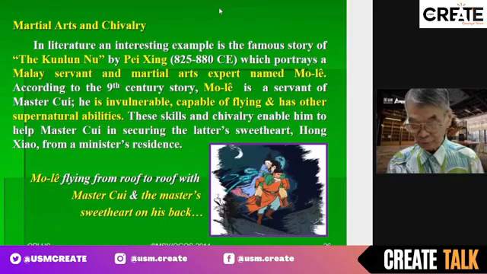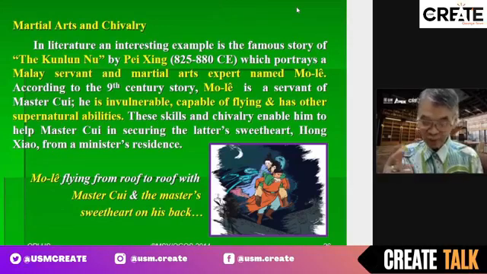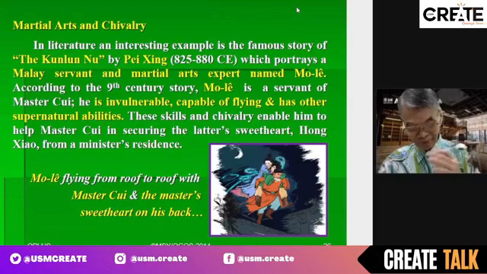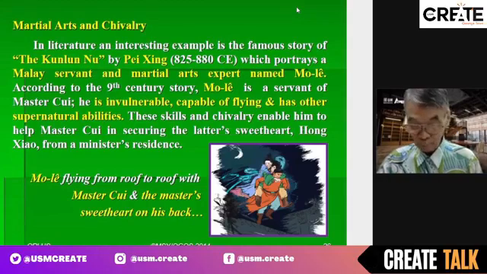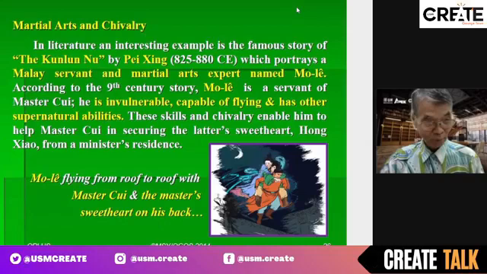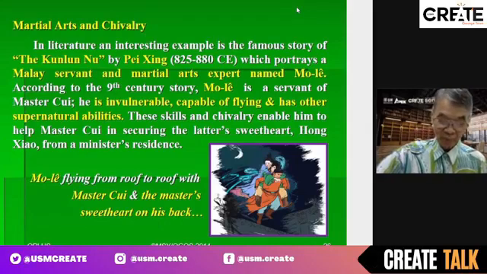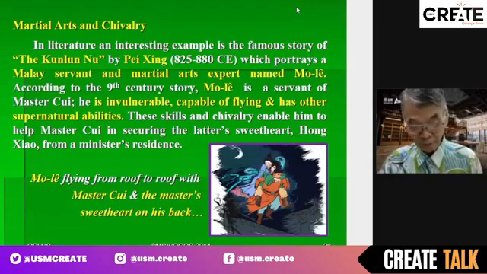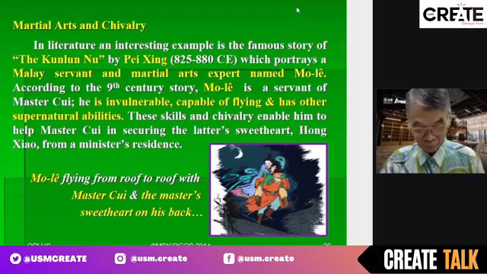So first he has Tui on his back, and then Tui had his sweetheart on his own back. And by doing that, he managed to help his Master Tui secure the sweetheart from the minister.